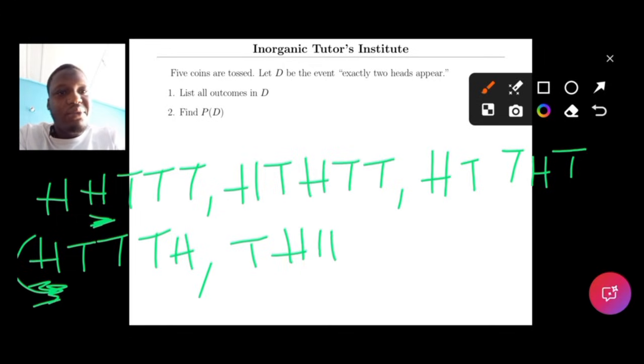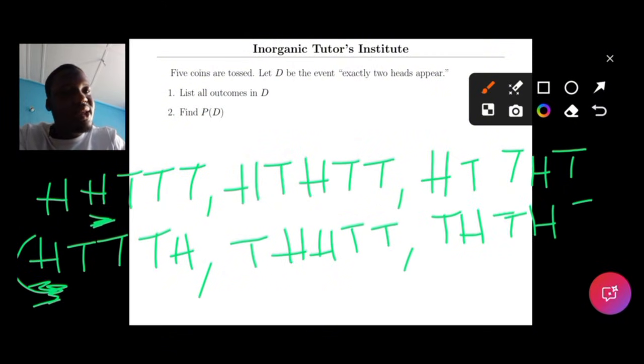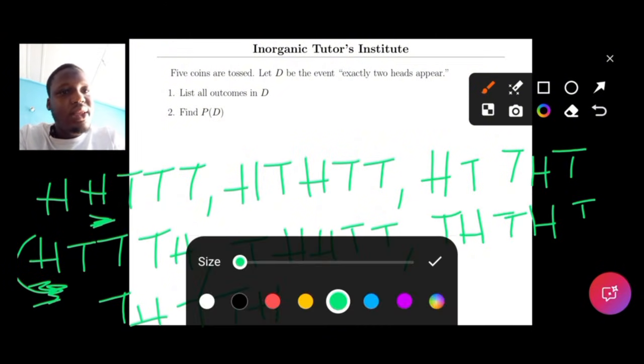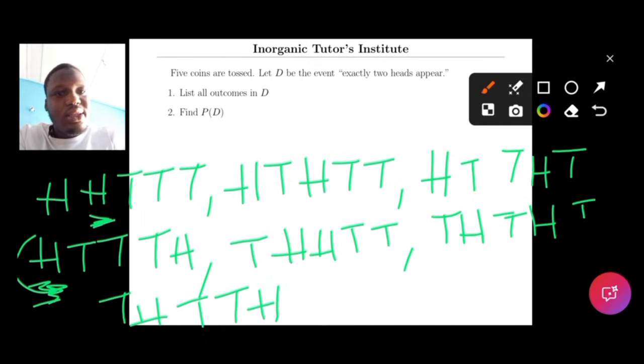Now the floating guy starts from here, T, T, then it moves to T, H, T, H, T, then finally T, T, H. So when it reaches the last point, then we move this standing H to the third position.